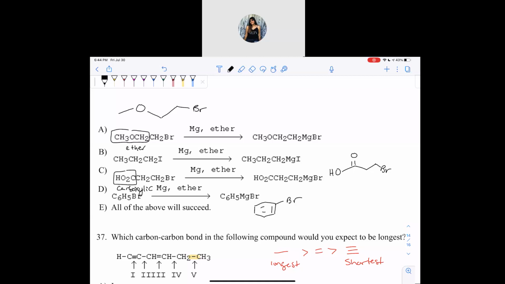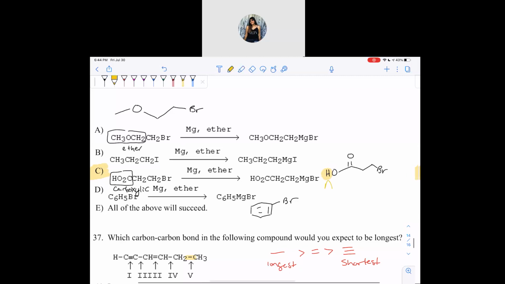I'm actually asking you guys because we did just talk about it. C, absolutely. This will not happen because we have an acidic hydrogen. So that Grignard reaction will not occur as written because of the acidic hydrogen. Awesome.